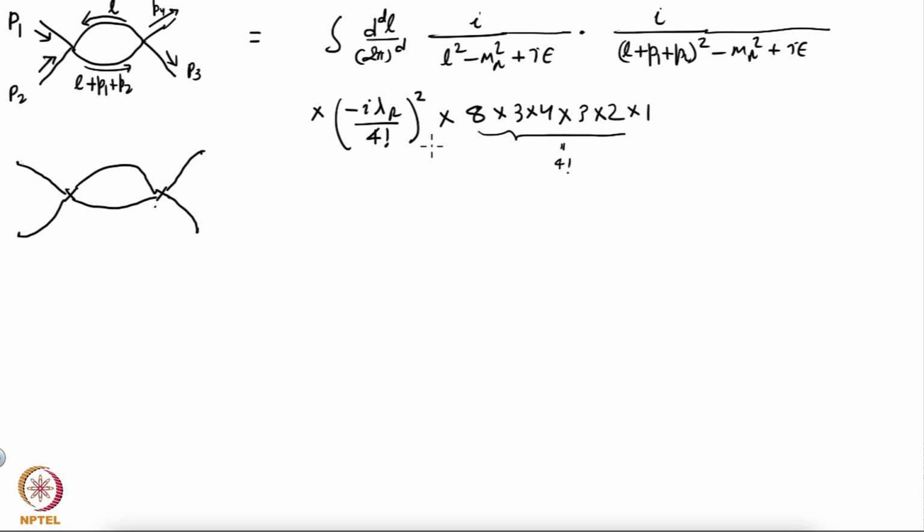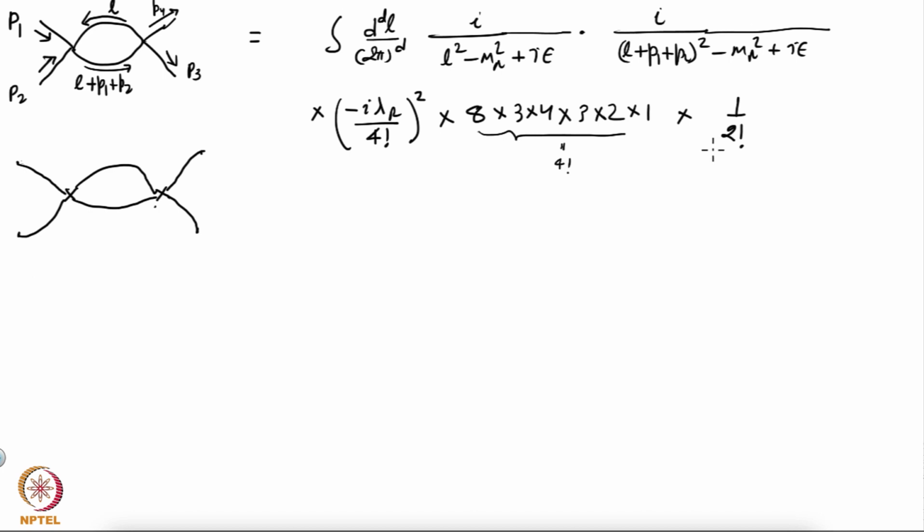Okay, and the reason you have 1 over 4 factorial here is precisely because you get a 4 factorial. So that cancels, times 1 over 2 factorial. You remember when we are at order lambda_r square, we have to include 1 over 2 factorial. If we were at order lambda_r to the n, then we would include 1 over n factorial.